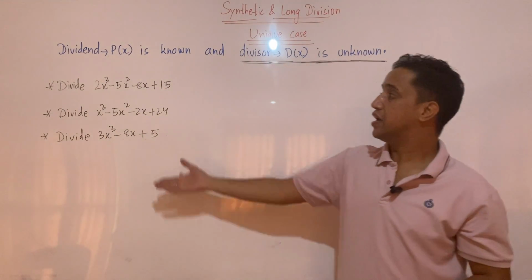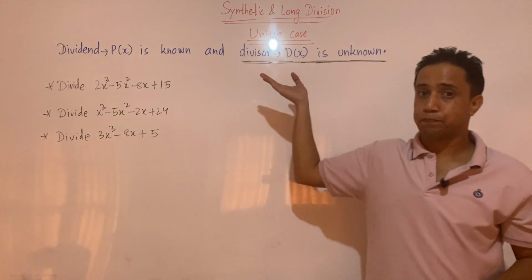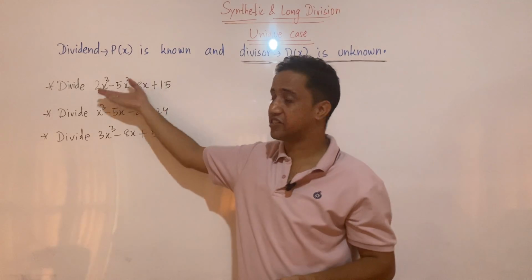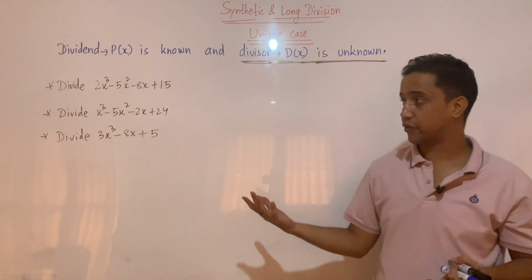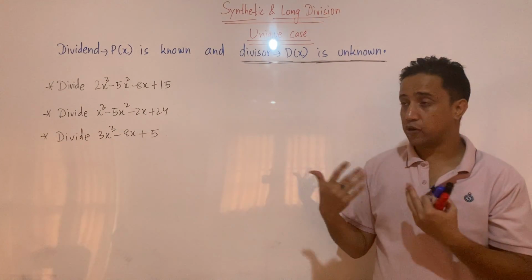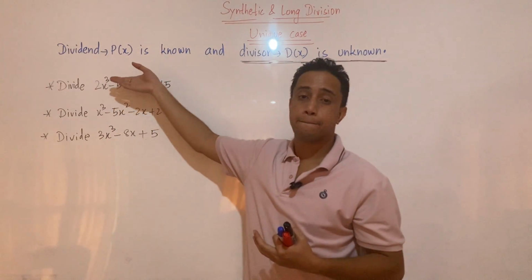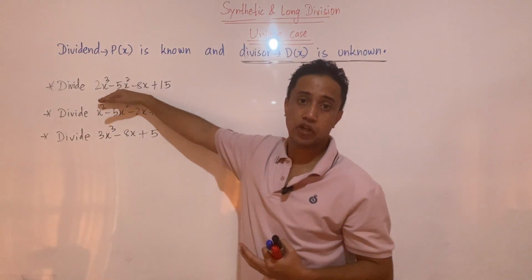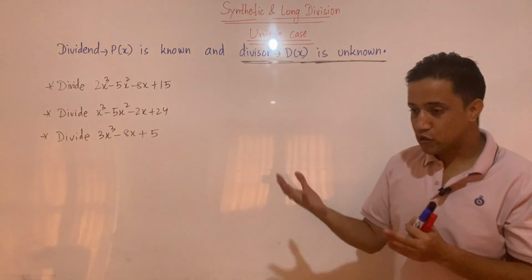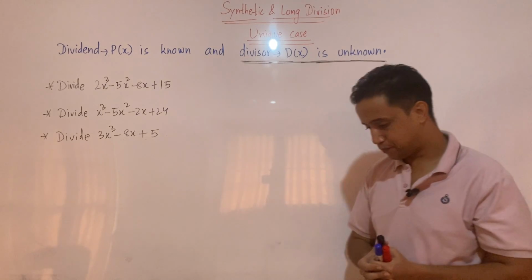In this expression you are only given the dividend, p(x), a polynomial expression, and without a divisor, how is it possible to perform division on this expression?